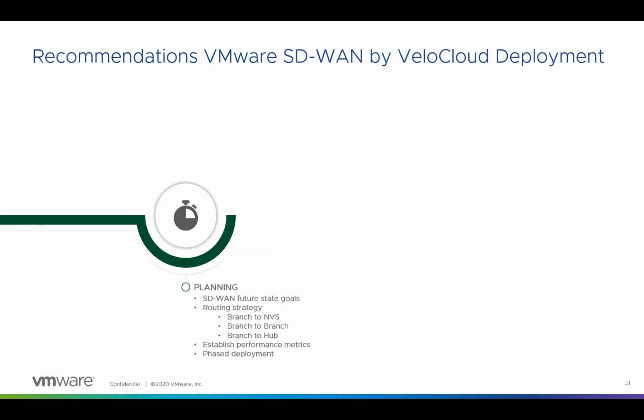The hubs are normally and traditionally deployed in data centers or very large sites that require very high capacity. When we started to look at this, VeloCloud has a lot of great supporting information when it comes to accelerating traffic and aggregating bandwidth, but we wanted to prove that.